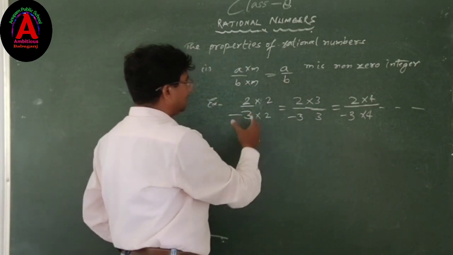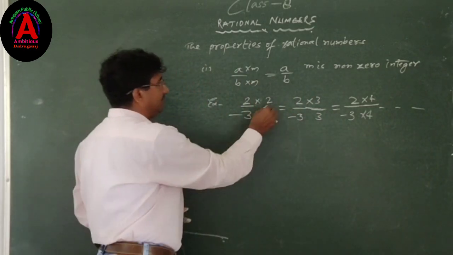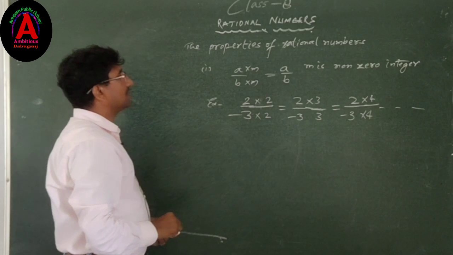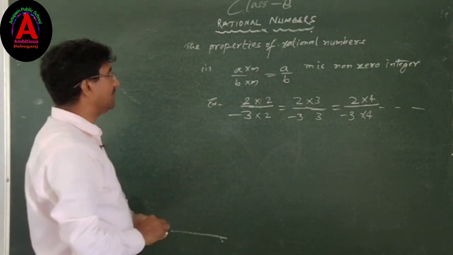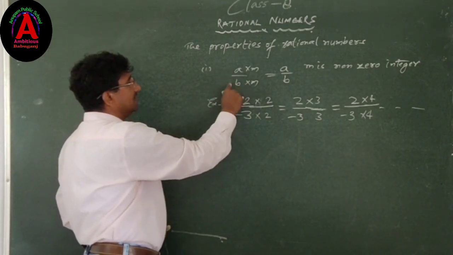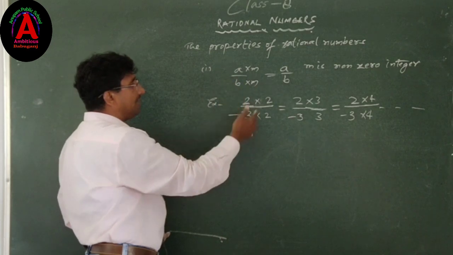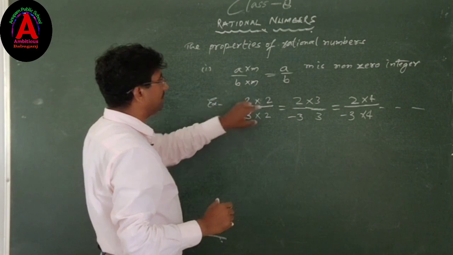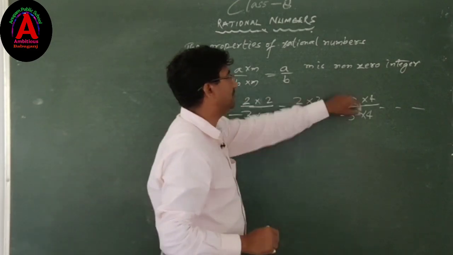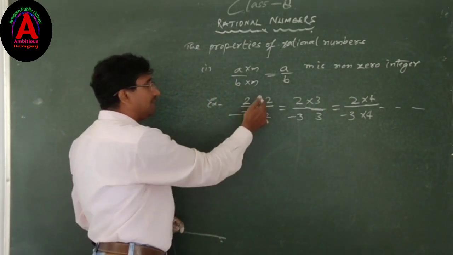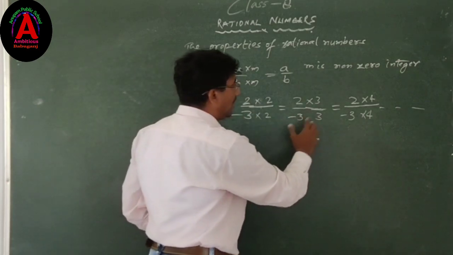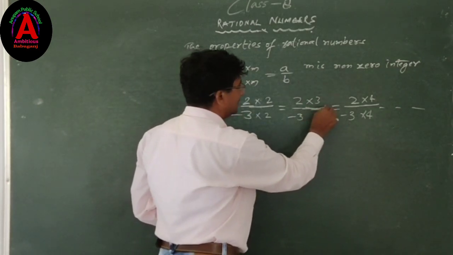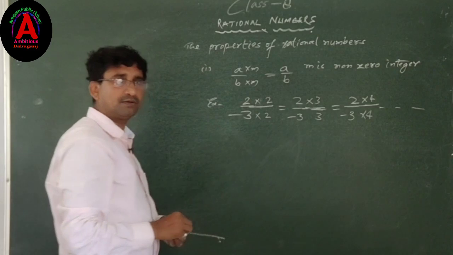They should all be equal. This is the first property. If any rational number A by B is multiplied by any M, maybe 2, 3, 4, in both numerator and denominator, all the rational numbers will be equal.